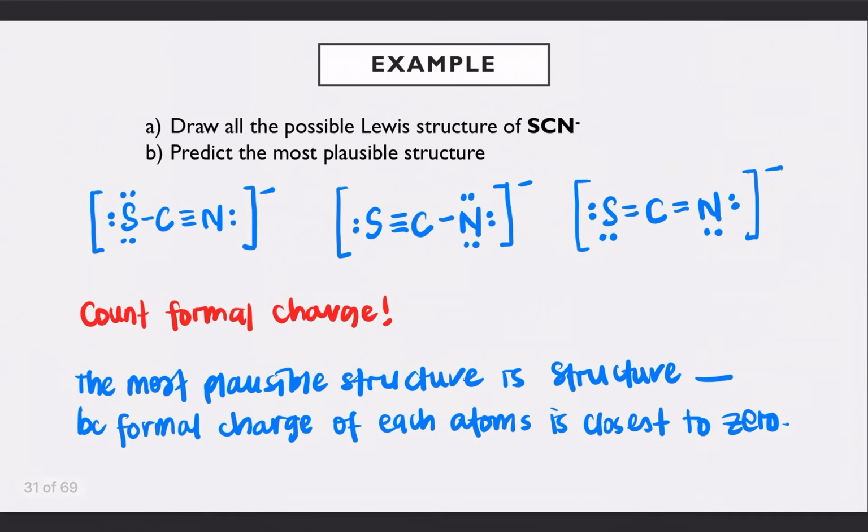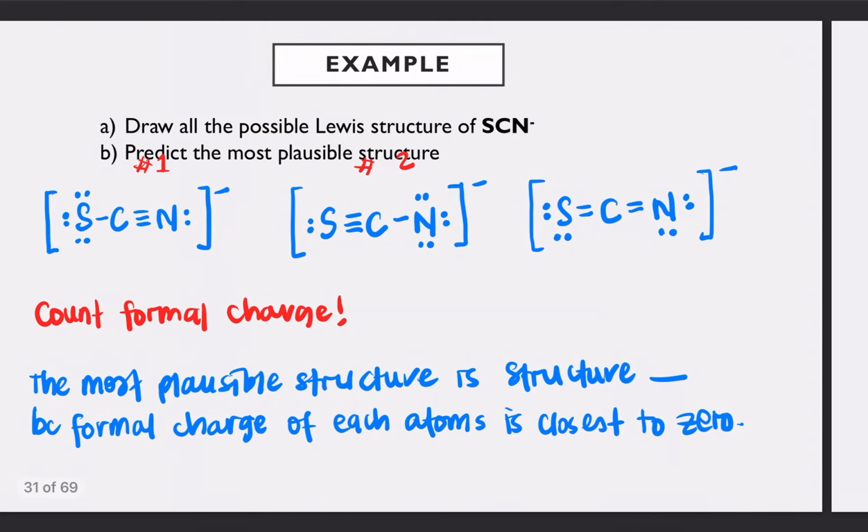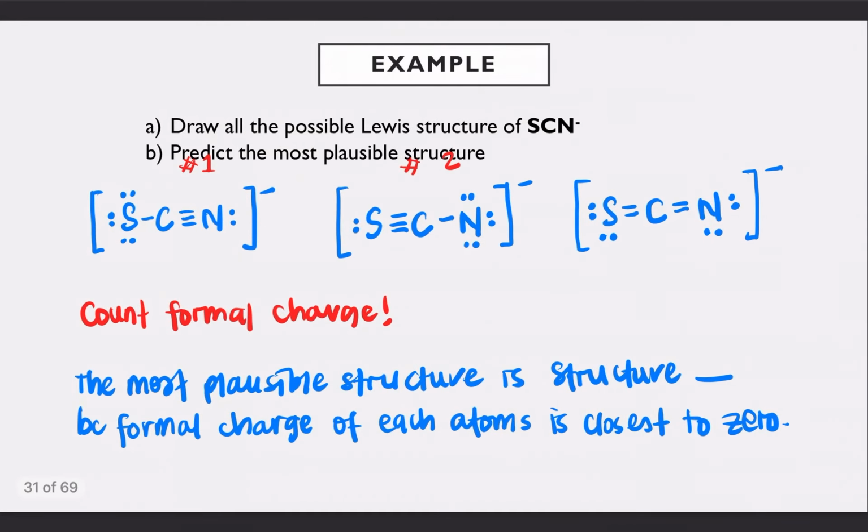Right, so for this example, okay, we have 3 structures of SCN. Structure number 1, structure number 2, and structure number 3. Okay, so ini saya dah draw the Lewis structures. Awak buatlah step by step. Okay, next B, dia kata predict the most plausible Lewis structure.